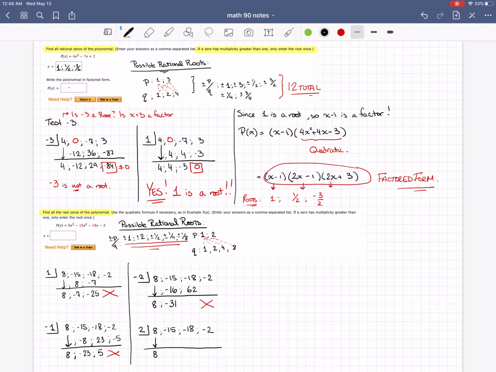Yeah, I don't think this will work out. 8 times 2 is 16. -15 plus 16 is 1. Yeah, -1 times 2 is -2. See, way too big numbers, right? We need to end up with something small because, in order to get things to cancel out to 0, the very last thing we have to write is +2, and we're way beyond that. So the 2's have failed us.